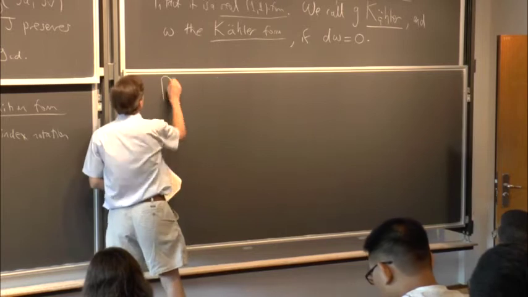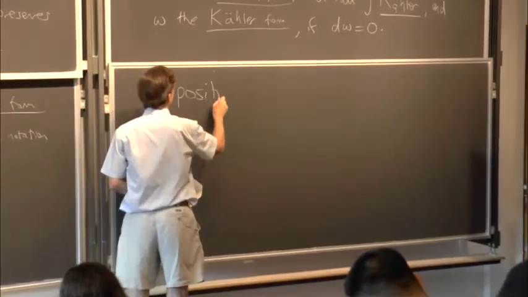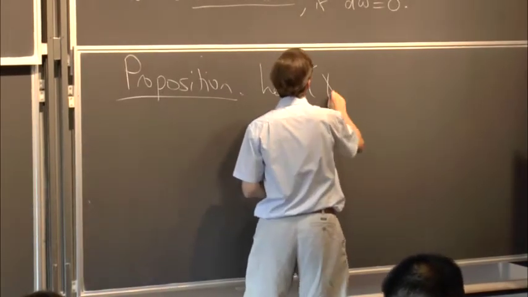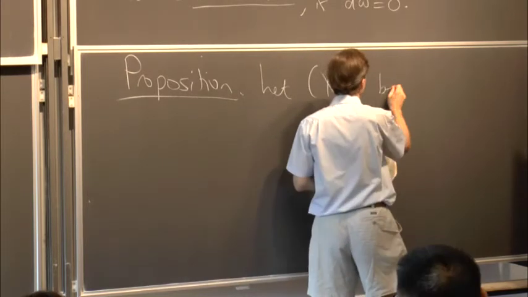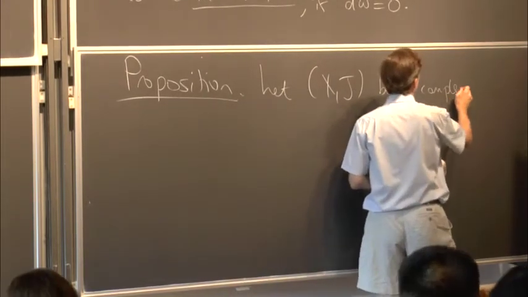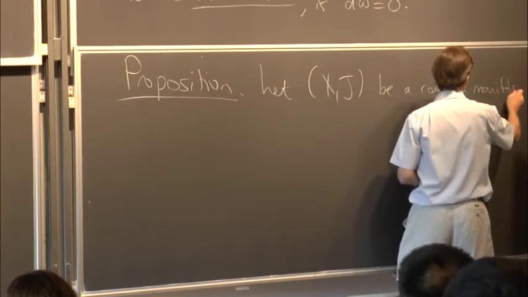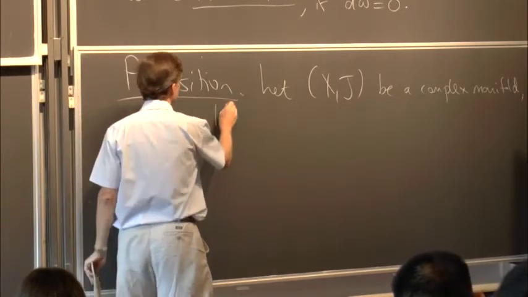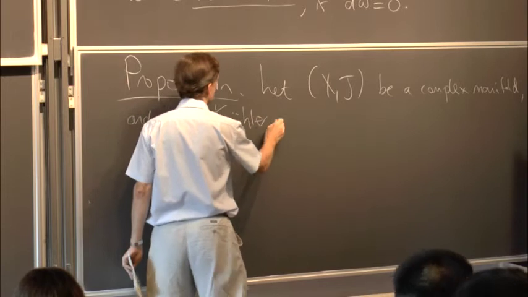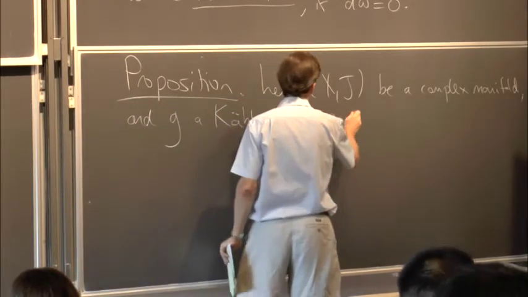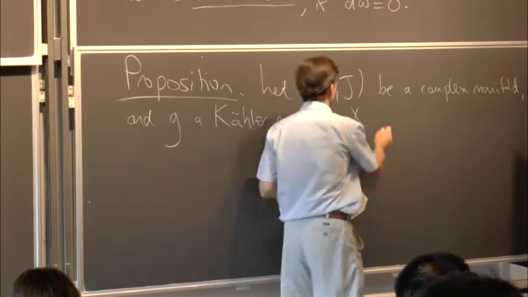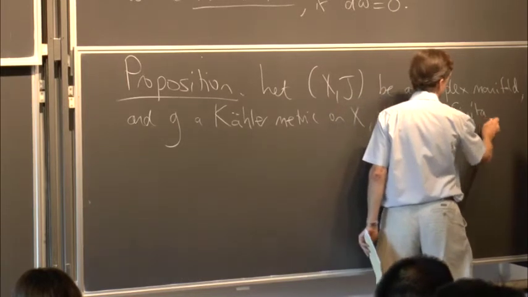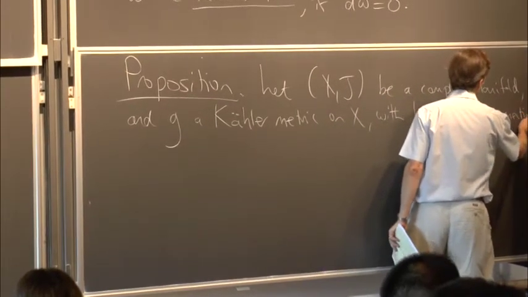Here is an important fact, a proposition. Let X and J be a complex manifold, and g a Kähler metric on X and J, with Levi-Civita connection nabla.